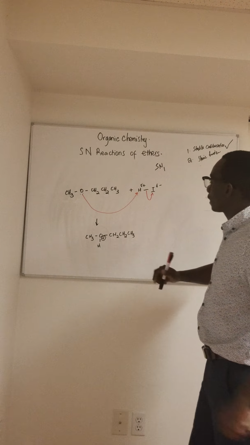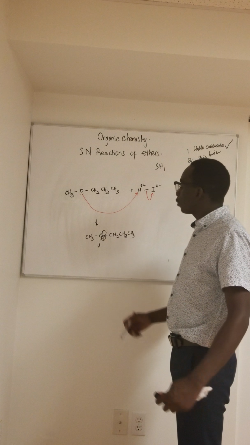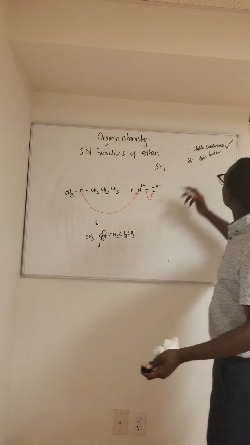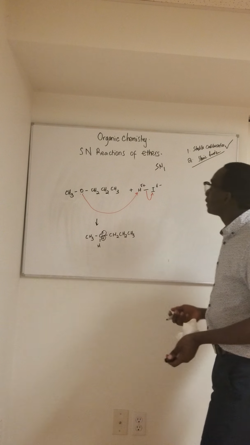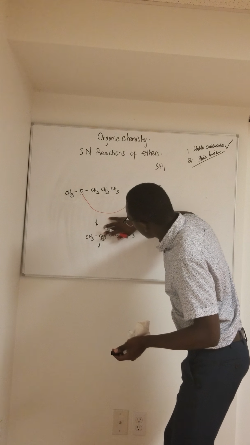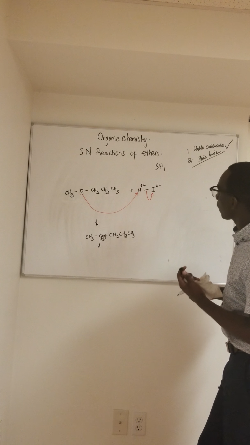Previously this was SN1, where we saw that this bond breaks off. So if we break off this bond, are we going to form a stable carbocation? Is there any steric hindrance? So let us first look at the stability of the carbocation.